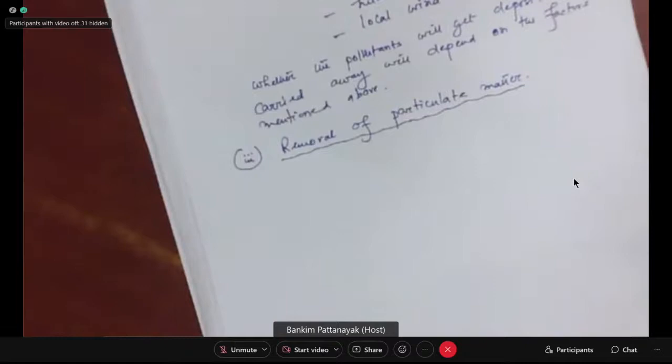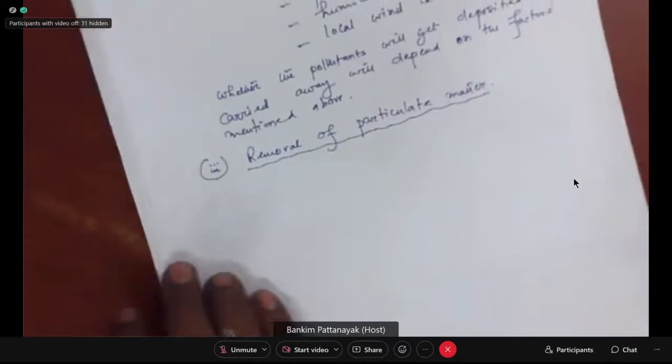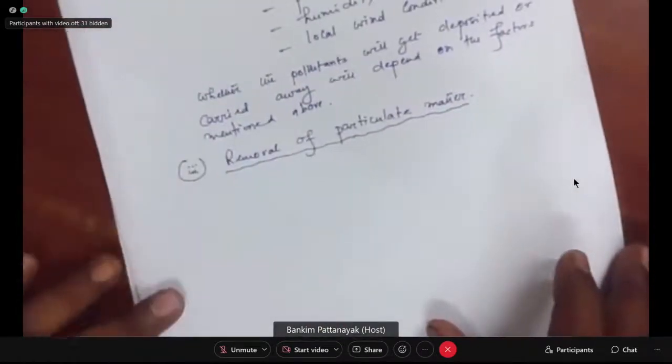When you want to remove the particulate matter, you may minimize it by the following actions.